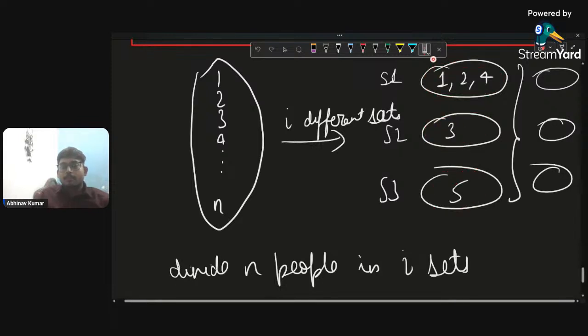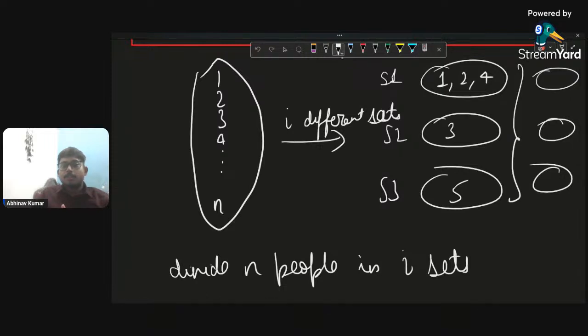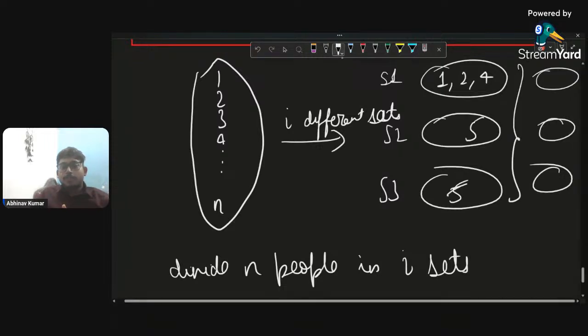Now, I'm not considering order, that is one way. Another way was if 5 was here and 3 was here. These both are the same because I'm just partitioning the people into 3 different sets. The partitioning remains the same: 1, 2, 4 in one group, 3 in another group, 5 in another group. The order of these does not matter here. I'm considering that after I have divided them, and then I multiply by factorial I to change their orders.